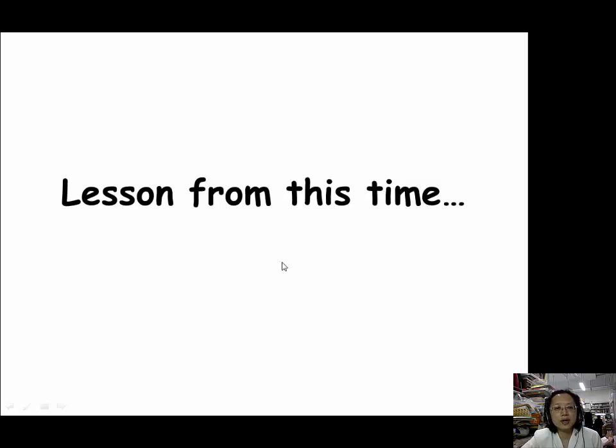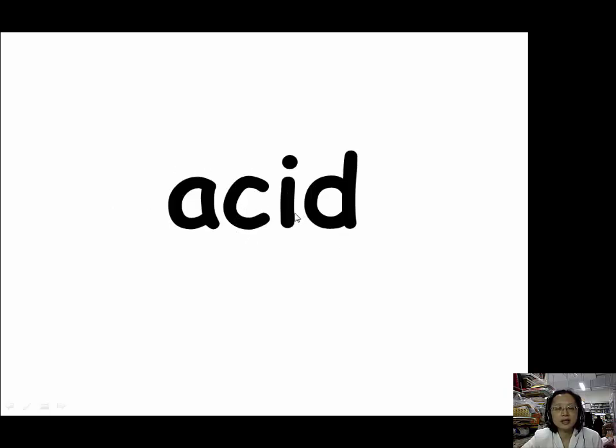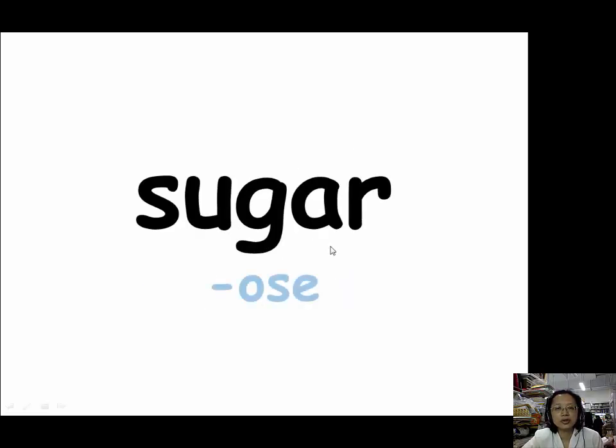Now we finish the third part of lesson 17. Let's review what we learned today. For acid, we have two suffixes, ic and ate. For sugar, we have one suffix, ose.